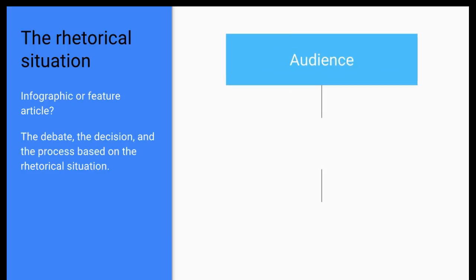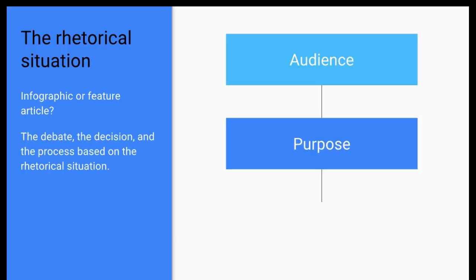The audience was the alumni of the university, current students, and community members. The purpose was slightly different for the article and for the infographic. The article was a narrative over time, showing the university's increased focus on sustainability initiatives over the years. The infographic was a snapshot in time, showing the current day outcomes of these initiatives.